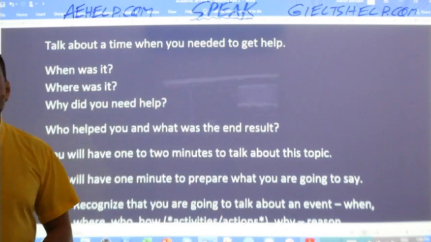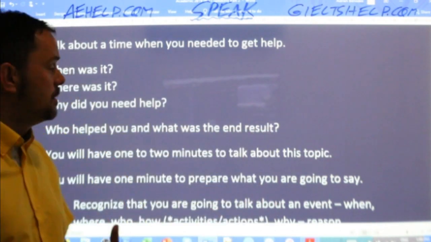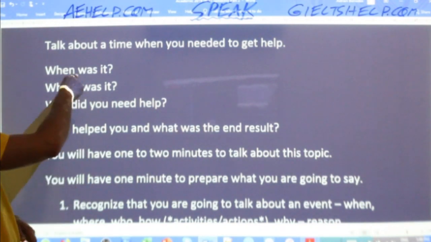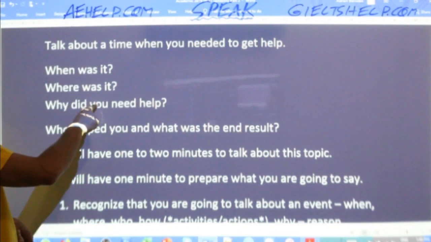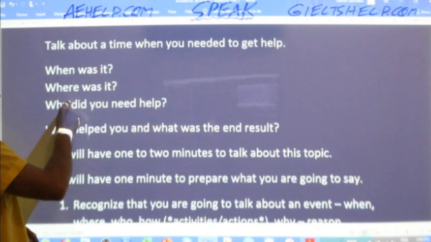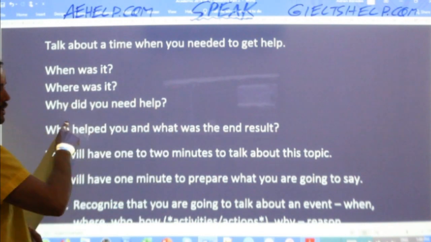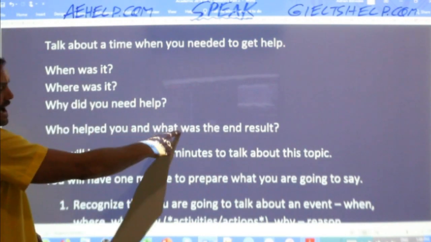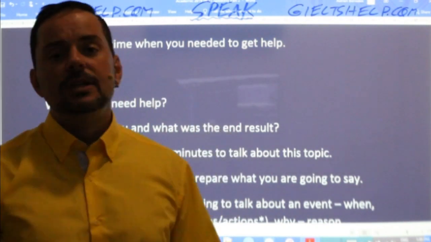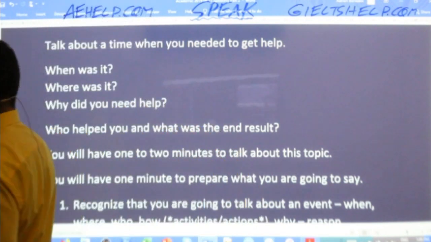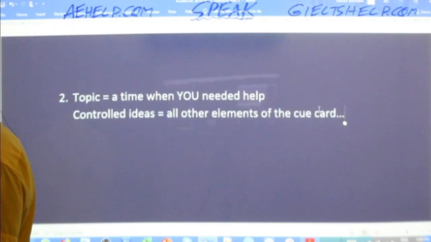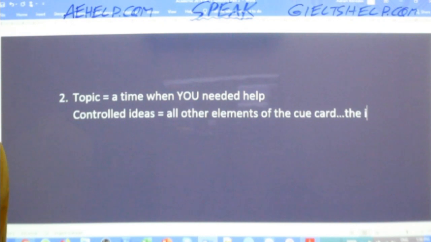Okay, so this is where I always remind students to make sure to count the number of questions. 1, 2, 3, 4, and 5. Okay, there's actually 5 questions here, not 4, but there's 5 questions here. If you want to get that high band score, you need to answer all 5. Okay, so controlling ideas, all elements of the cue card, the 5 questions.